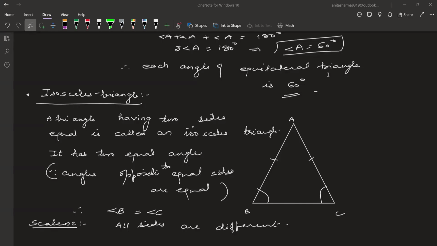Ma'am, shall we draw the diagram? Yes, beta. You need to draw the diagram, beta, with scale and pencil.